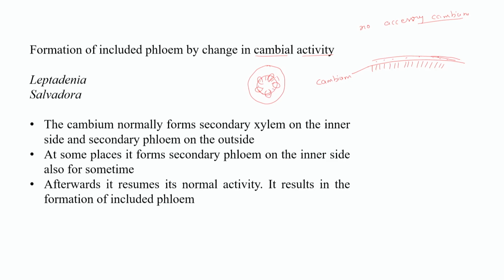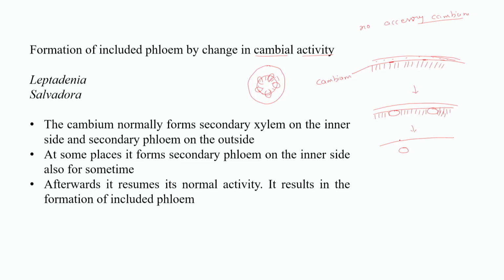So here also it is the same thing, but at certain points this cambium will start behaving abnormally. It won't cease its function. It will start producing phloem instead of xylem. So at this patch some phloem will be produced. At this point you can say that this cambium will give rise to phloem on both sides. Then after some time it will resume its activity.